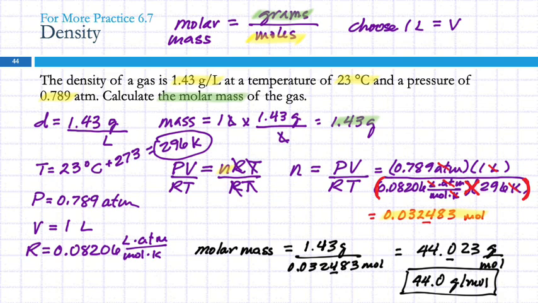Is that a reasonable molar mass for a gas? Like, I don't know. Well, let's think of some unreasonable molar masses. How about negative 15? No, that's ridiculous, right? You can't be negative. How about 0.02 grams per mole? Why doesn't that work?